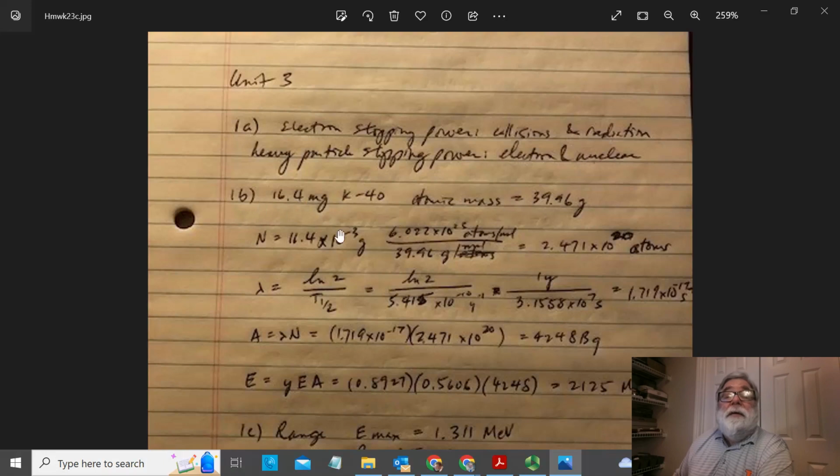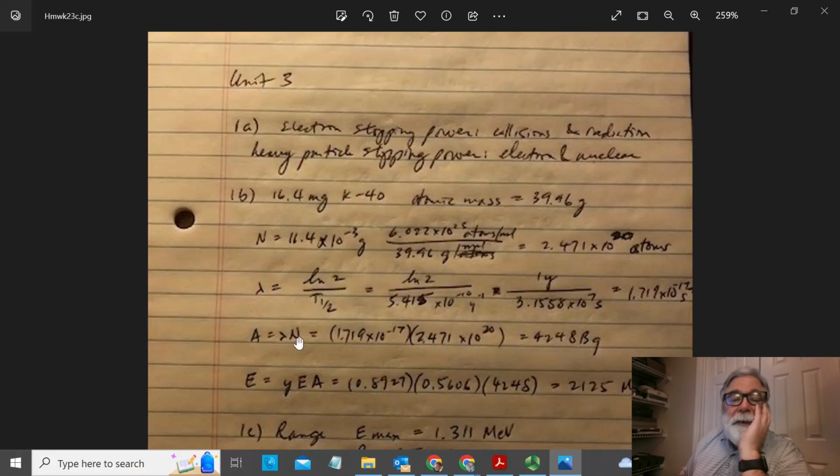The key thing is that the activity, the number of decays per unit time, is equal to the decay constant times the number present. So dN/dt is equal to lambda times N, the number that are present to begin with. Okay, so activity is lambda N.